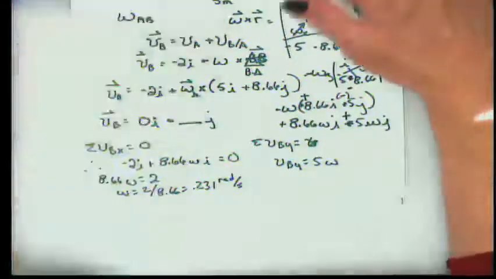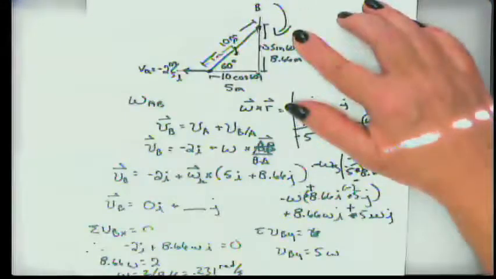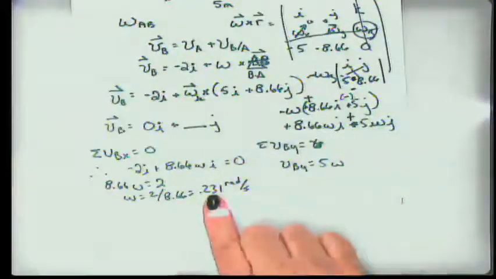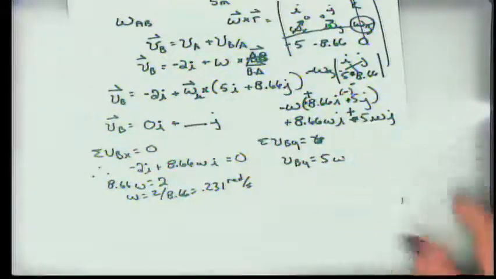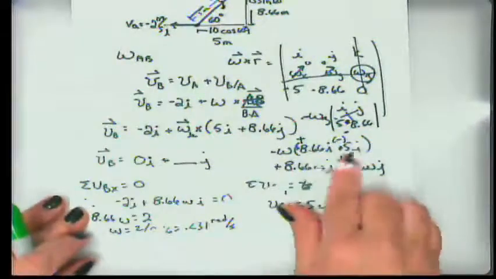Now, that makes sense to me because my rotation is counterclockwise, which is positive, so this should be positive. But I have something messed up in my signs over here, and it's just kind of bugging me.